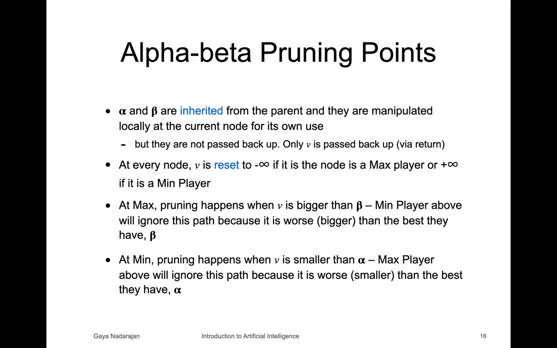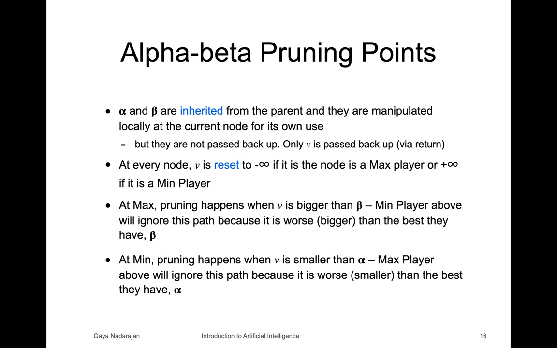So pruning happens, meaning you're going to ignore parts of the tree, when V is bigger than beta, when you're at a maximizing node. That's because the min player above you, before you, will ignore this path because it is worse.